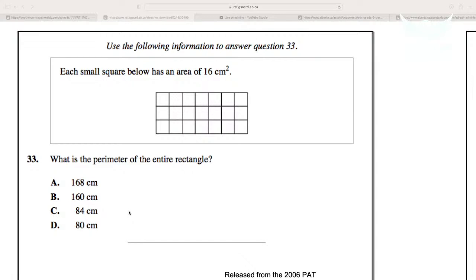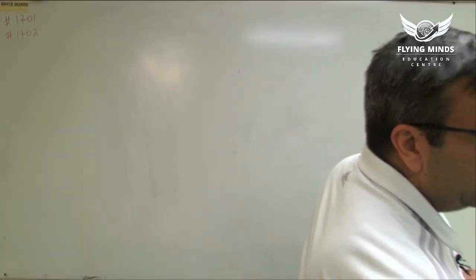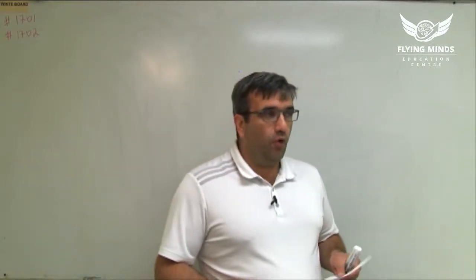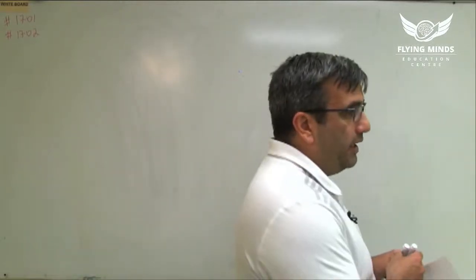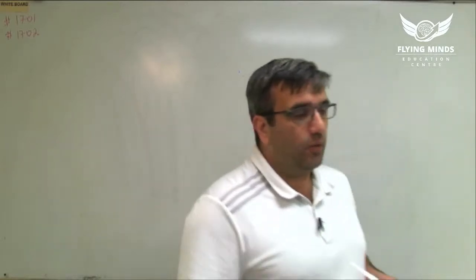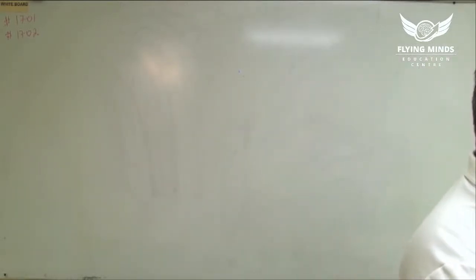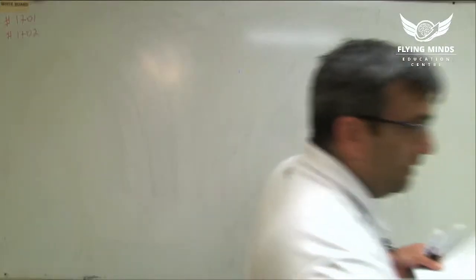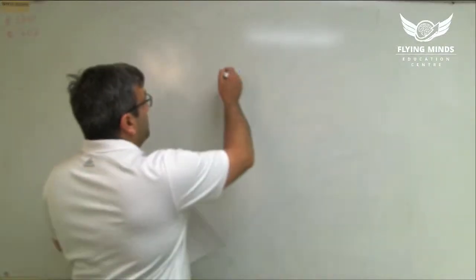Okay, so if each square has an area of 16, then the side of each square will be 4, and along the length we have 7 squares, right? Let's do it on the screen, on the board.